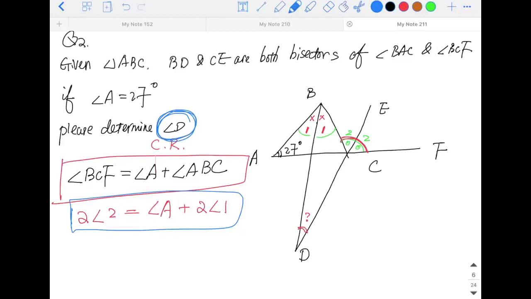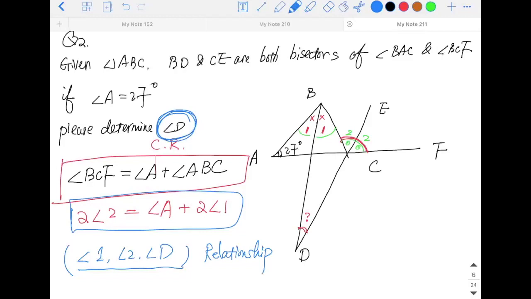So moving forward, the next step is doing what? You need to find the relationship between angle 1, angle 2, and angle D, right? In mathematics, you are always trying to build a connection between something you know and something you do not know.